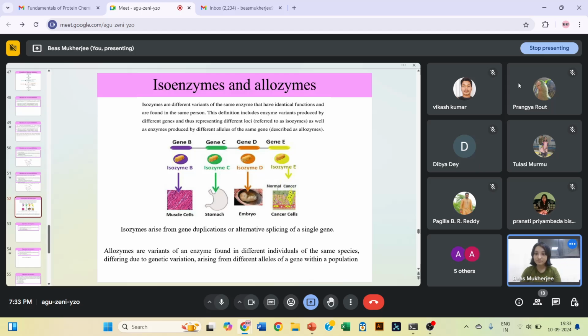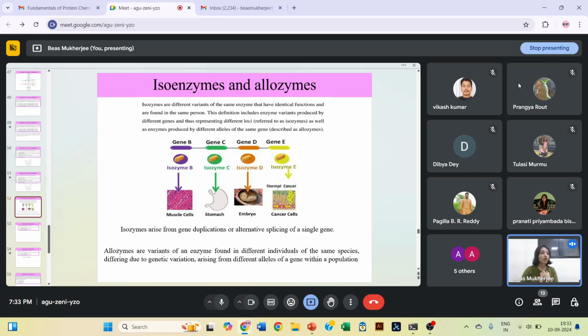Okay. So isozymes arise from gene duplication and alternative splicing events of the single gene. Allozymes are variants of an enzyme found in different individuals. Like blood group, it is different in different individuals, right? The same individual cannot have three alleles present at the same time. That is not possible.